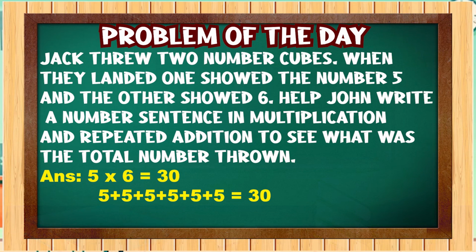We can also write 6 times 5 equals 30. We can also write that in a repeated addition sentence. 6 plus 6 plus 6 plus 6 plus 6 equals 30.